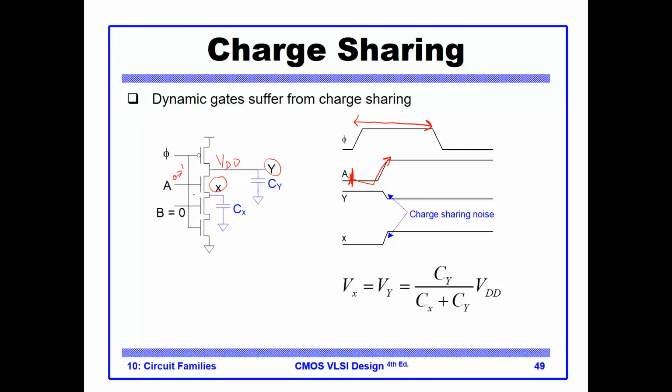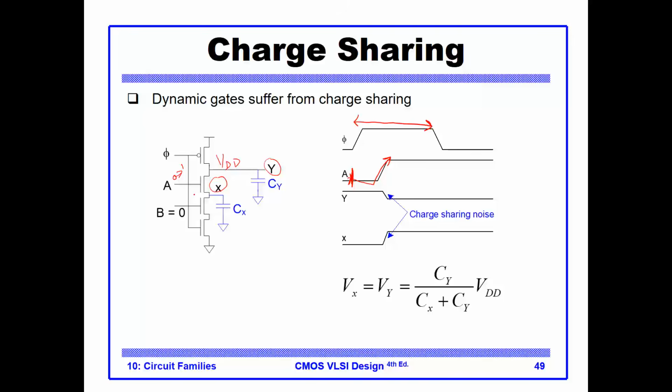Basically, charge sharing comes from the conservation of charges, which says that the charges in a system at the beginning of an event equal the total charges in the system at the end of the event. That is for a closed system, meaning there are no charges that come from the outside, and there are no charges that escape our system.